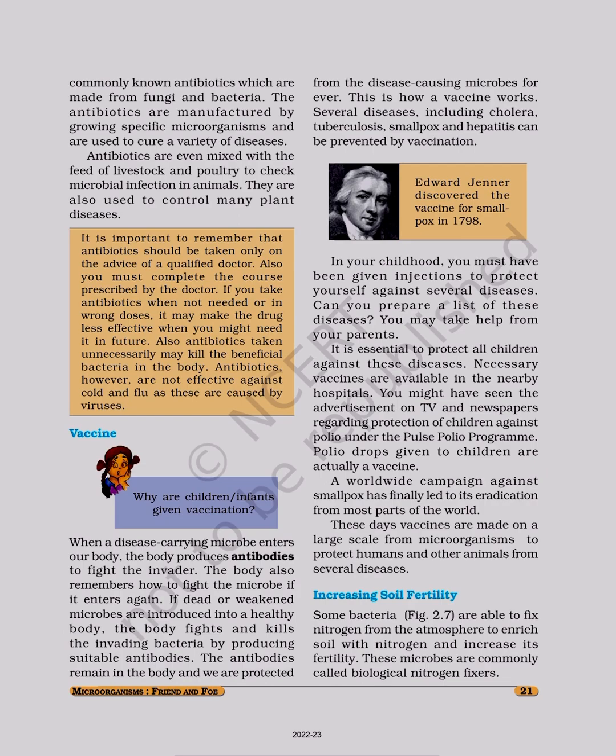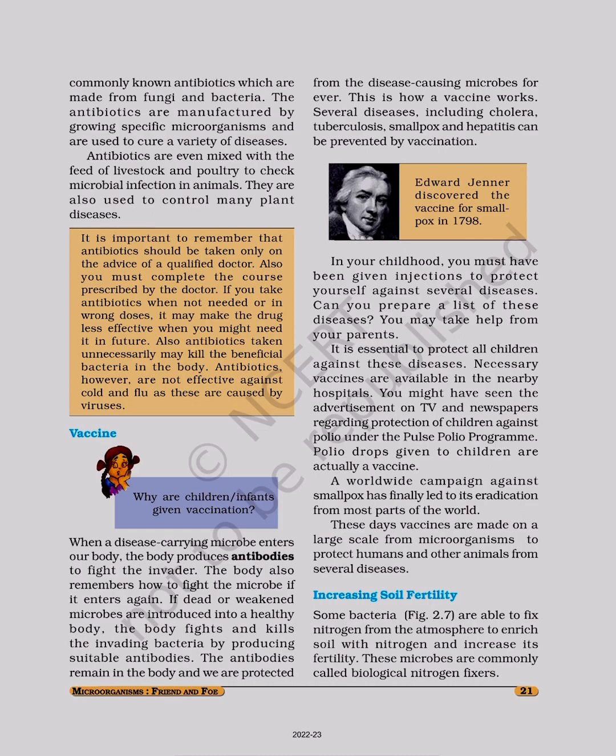Vaccine. Why are children, infants, given vaccination? When a disease carrying microbe enters our body, the body produces antibodies to fight the invader. The body also remembers how to fight the microbe if it enters again.